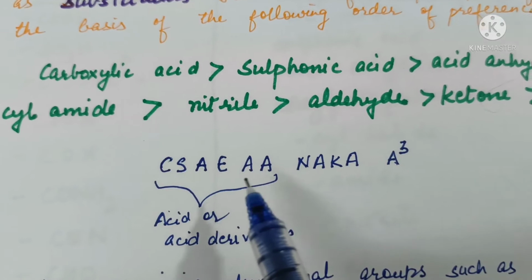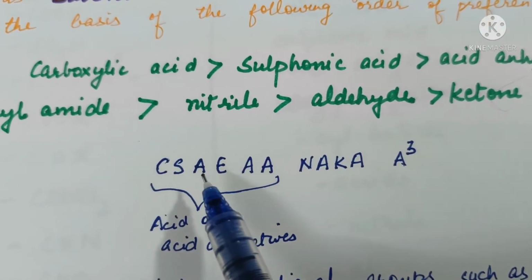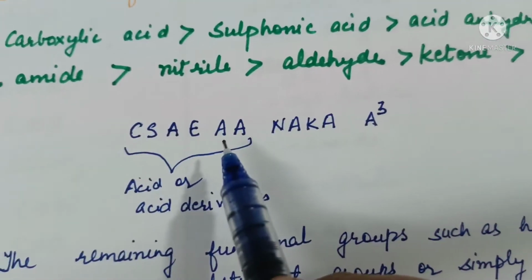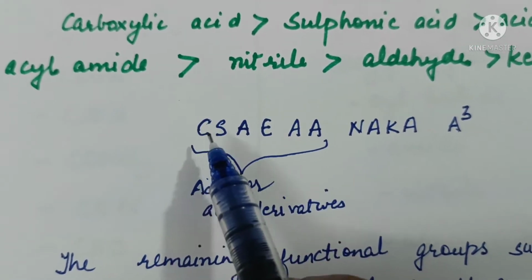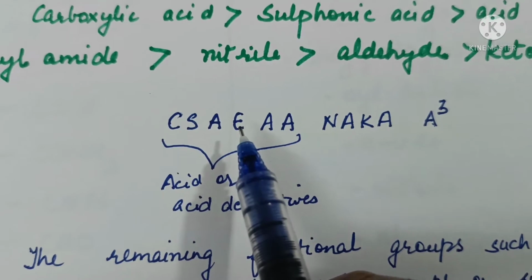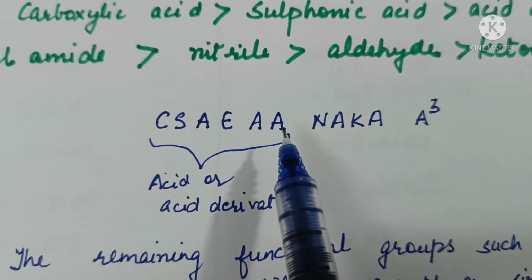So all these are acid derivatives: carboxylic acid, sulfonic acid, acid anhydride, ester, acyl halide, and acyl amide.